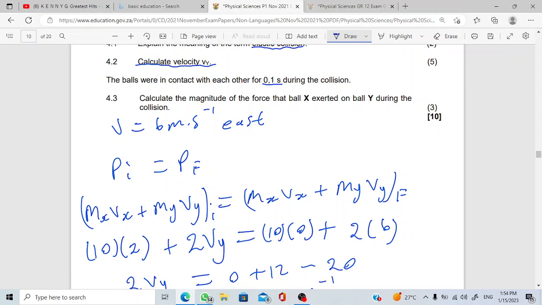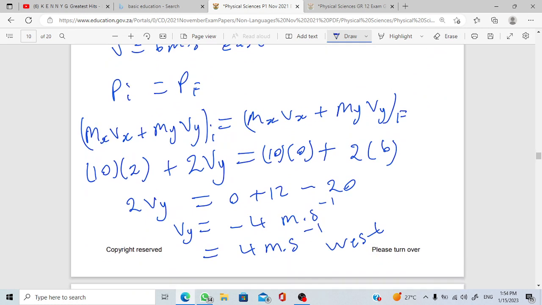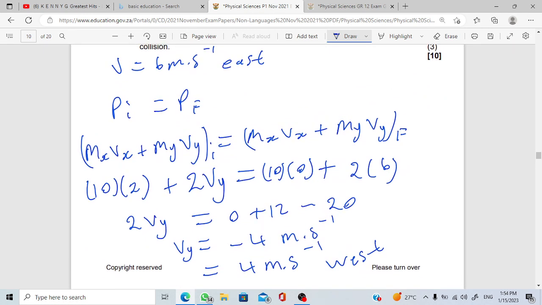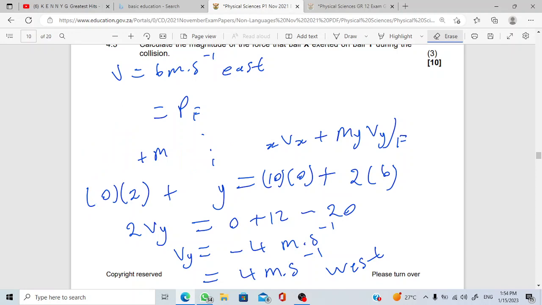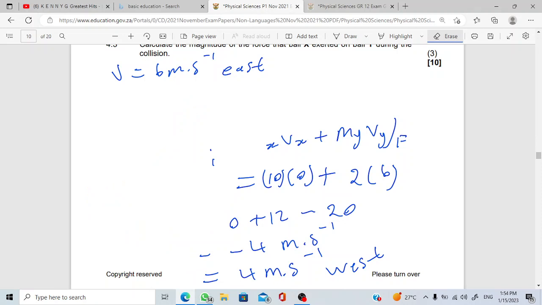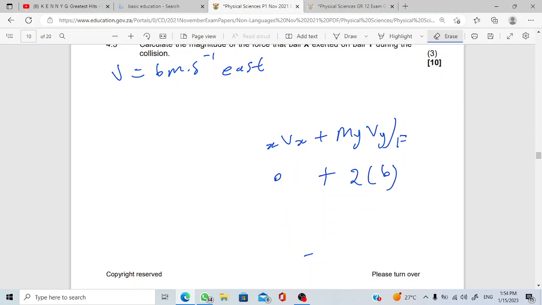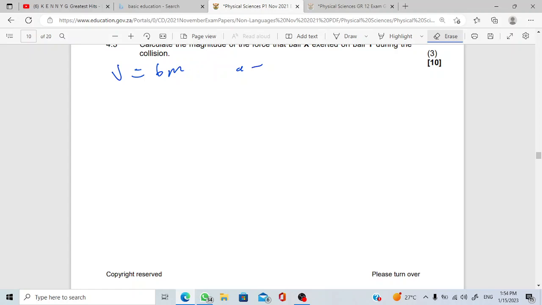Now what we are going to do, I'm going to wrap this one. I believe you guys have written it down. So guys, for you to know the force, you need to equate impulse to momentum.